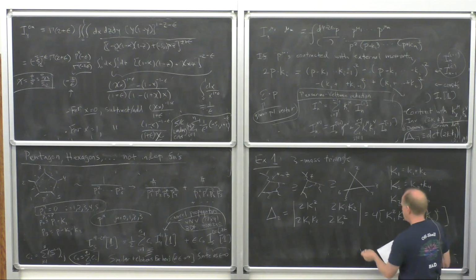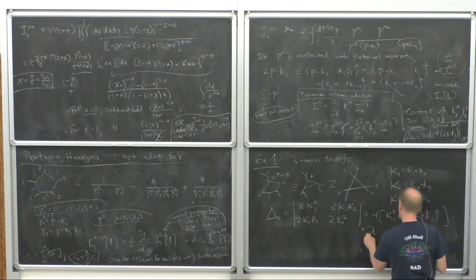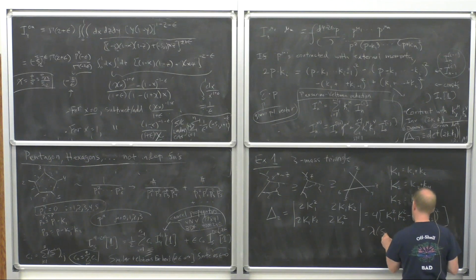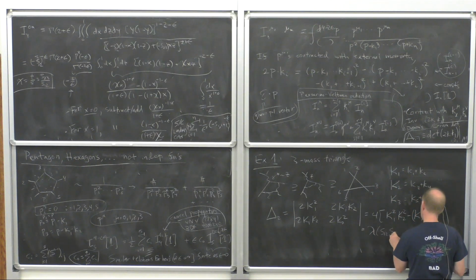This turns out to be minus something called the Källén function of s12, s34, s56.